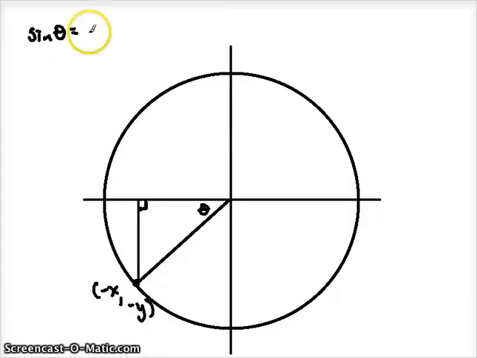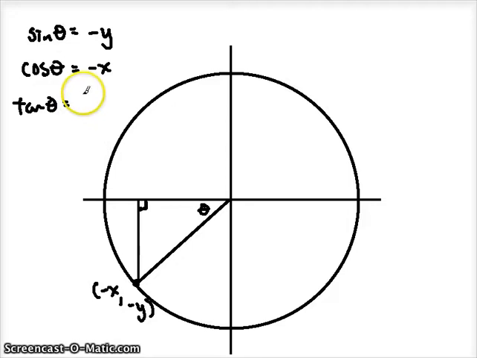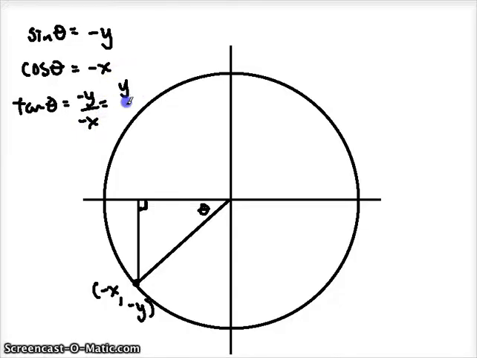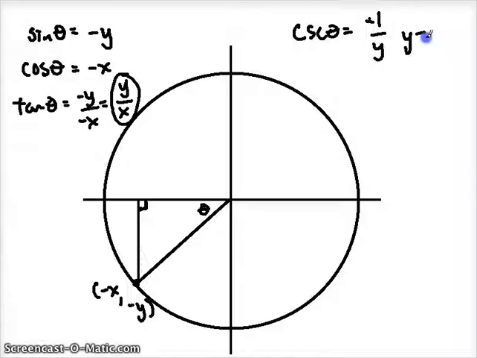And so we would have, let's see, sine would be negative y, cosine would be negative x, tangent would be negative y over negative x, and a negative divided by a negative means that we have a positive y over x. So tangent in quadrant 3 is the only positive function. And then our reciprocal functions, cosecant would be negative 1 over y, and y could not equal 0, otherwise it's undefined.